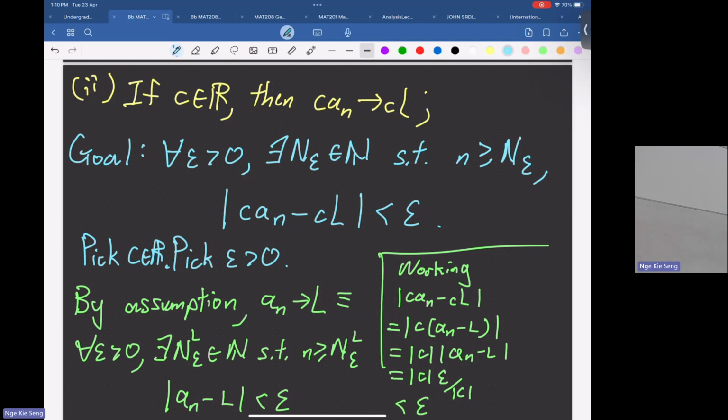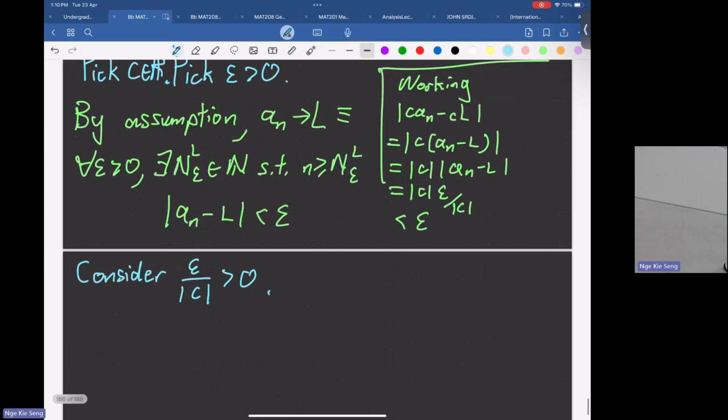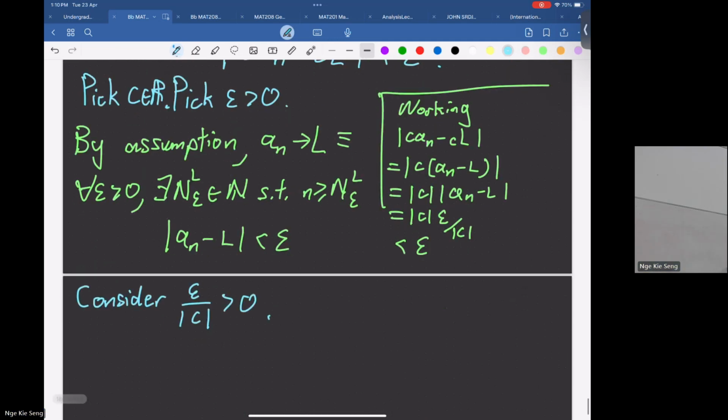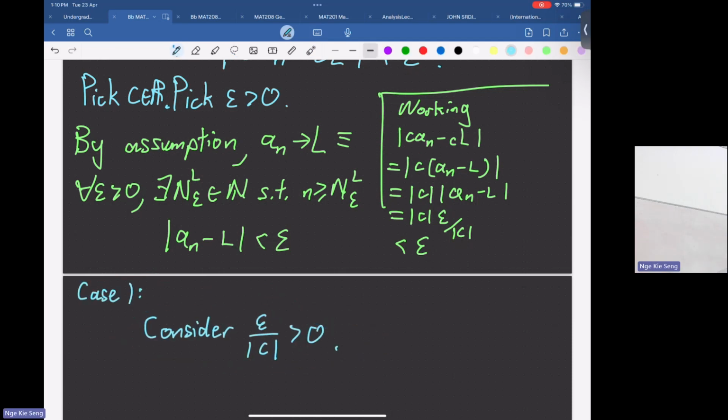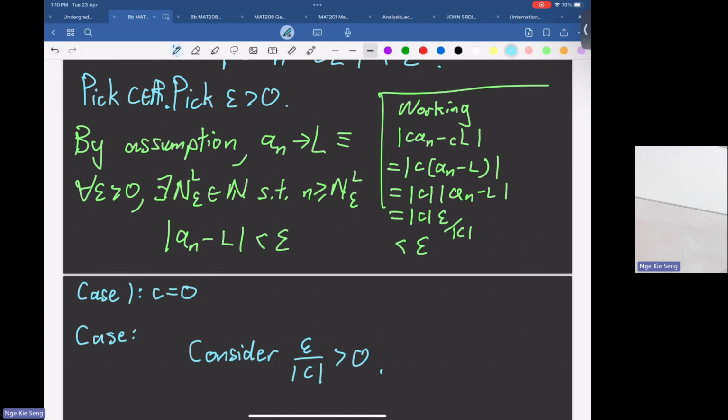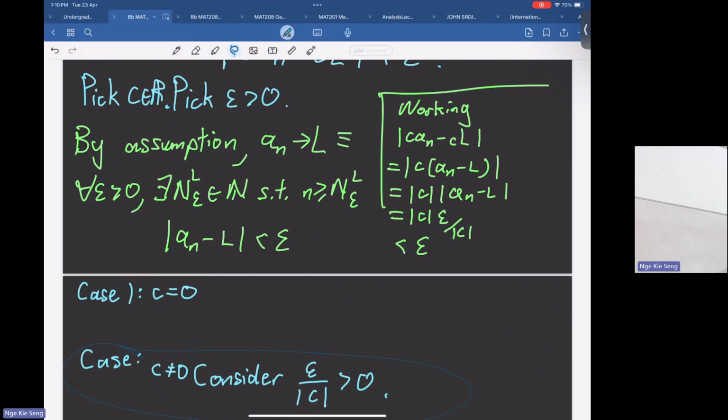So that means I need to split into 2 cases. Case 1: C equals 0. Case 2: C is not 0. Why do I say case 1 is easy?